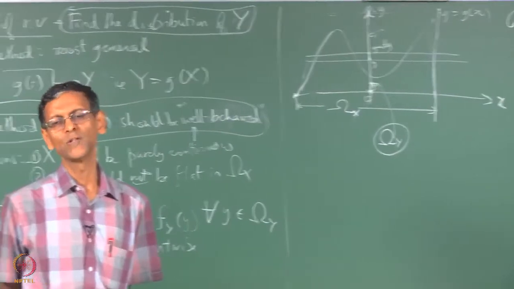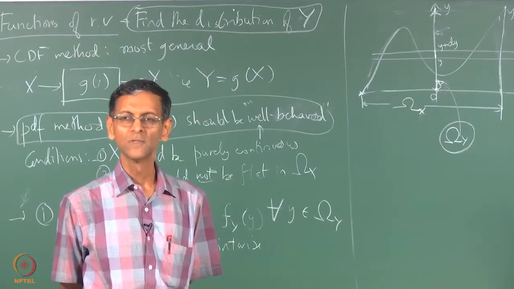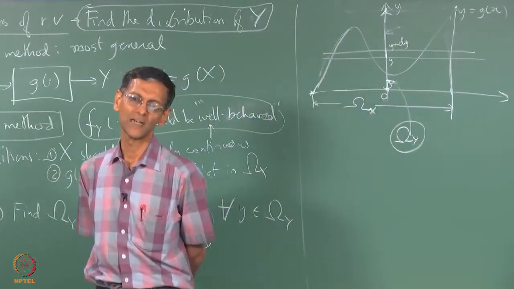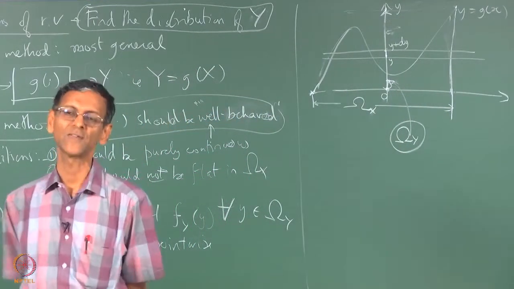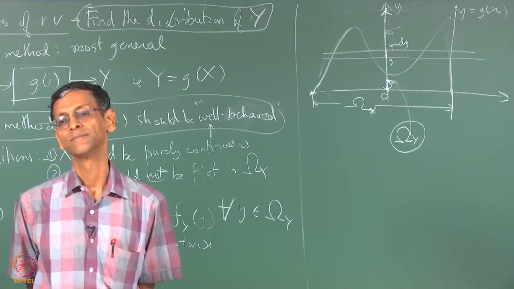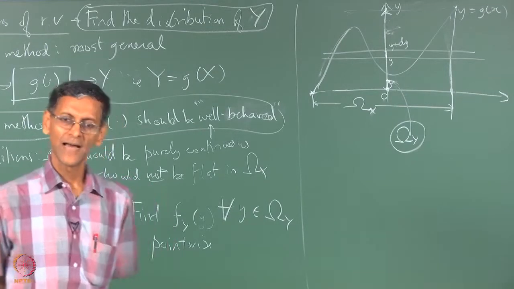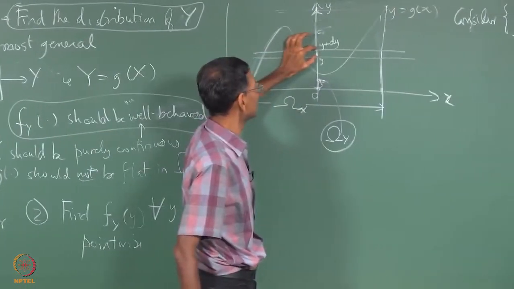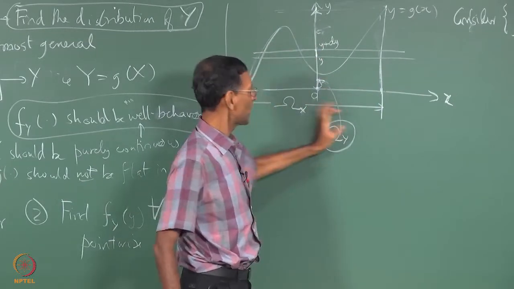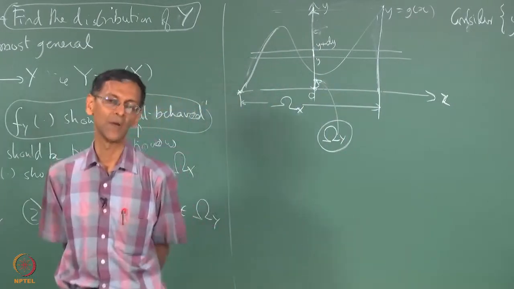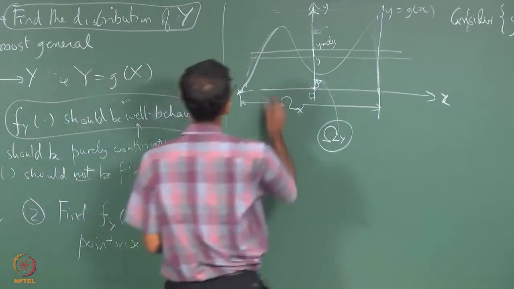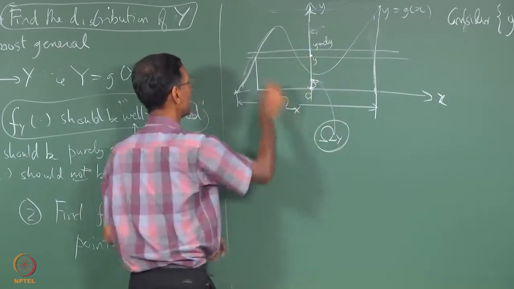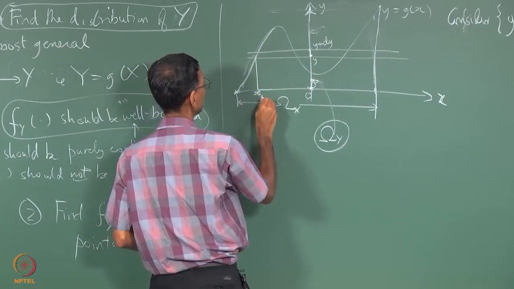So what do I want to do with this interval? I want to map it back into x. So I want to look at what values x should take so that y takes values in the interval y to y plus dy. It's as simple as that. And if I map this, all I have to say is the probability of this is obtainable from the description on x somehow, which is not too difficult to do because if I take y, not y plus dy, how many roots can I find here?